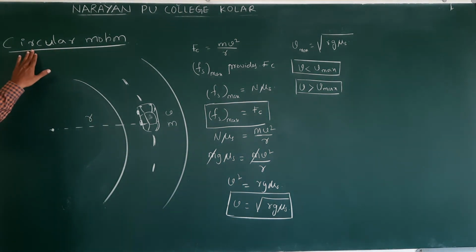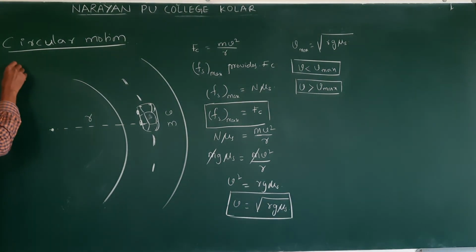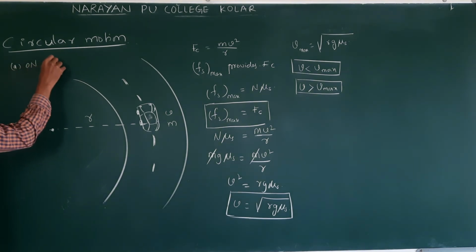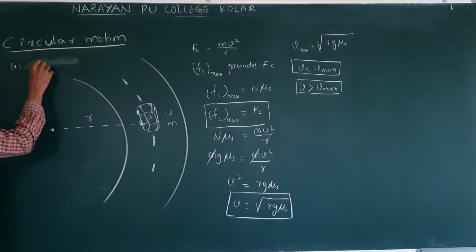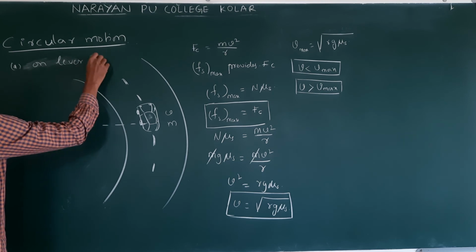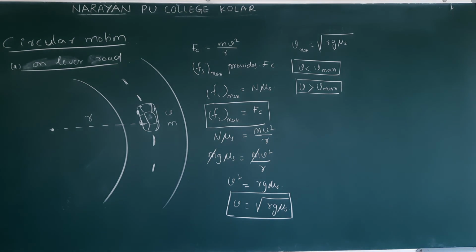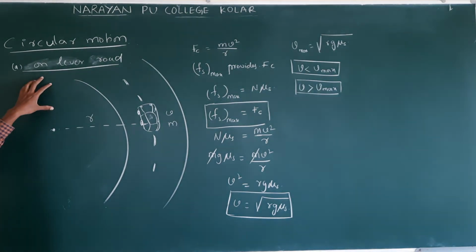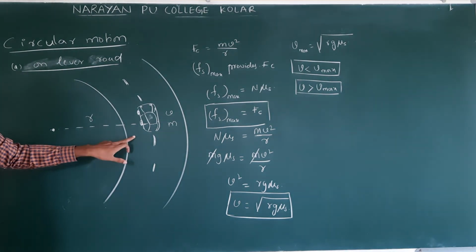So in circular motion, the first concept is motion on a level road. What do we expect in the question? Derive the expression for maximum velocity on a level road. Then this is the proof.